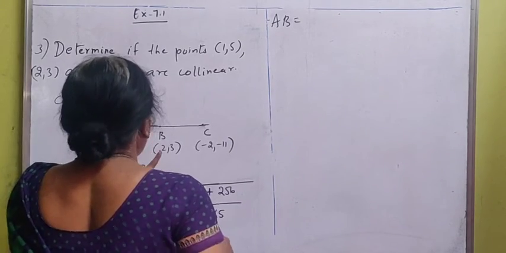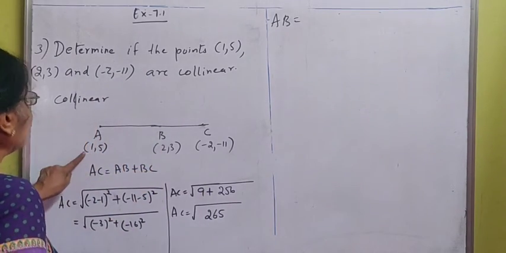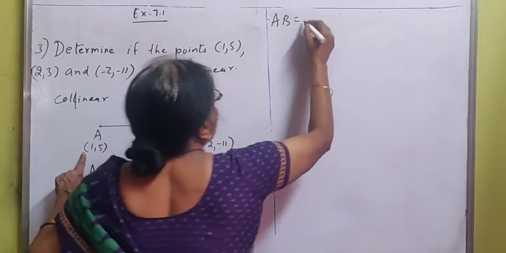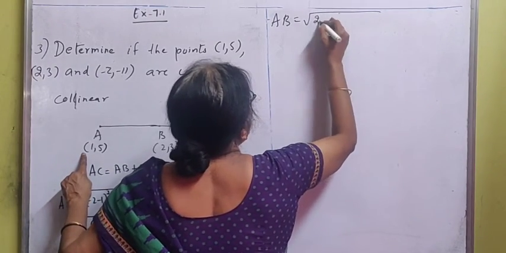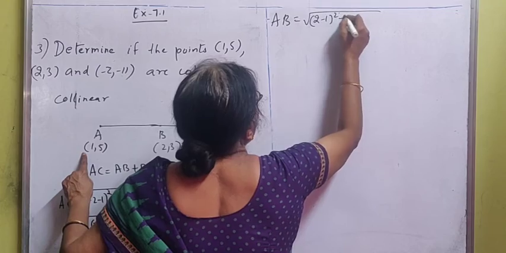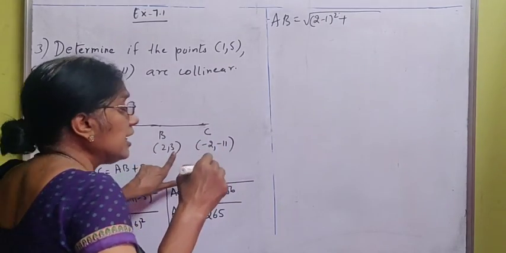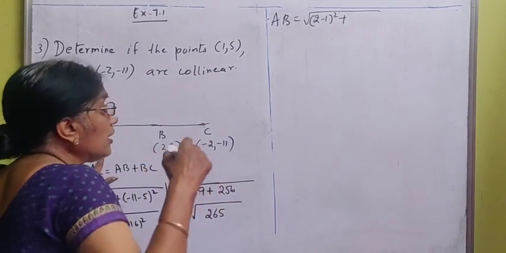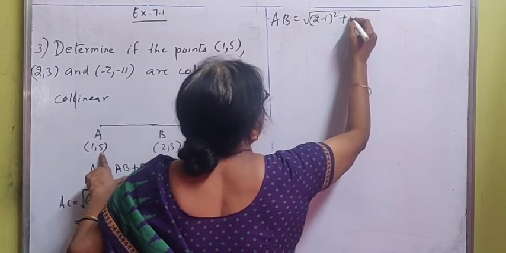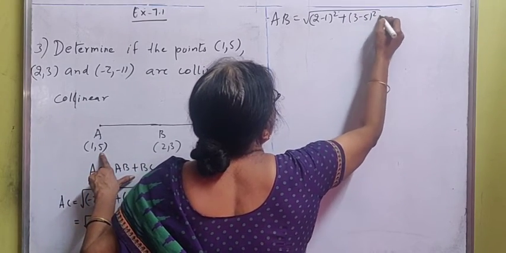Now let us find out AB. The x coordinate of B minus x coordinate of A, whole square, plus y coordinate of B minus y coordinate of A, whole square.